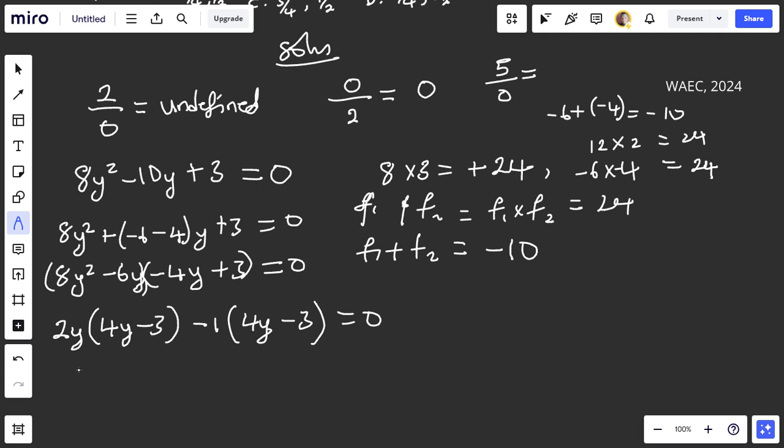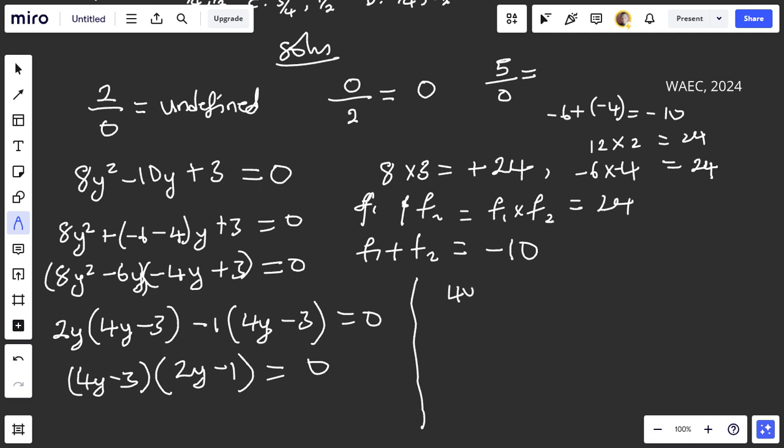So this becomes (4y minus 3)(2y minus 1) equals 0. You equate each of these factors to 0.